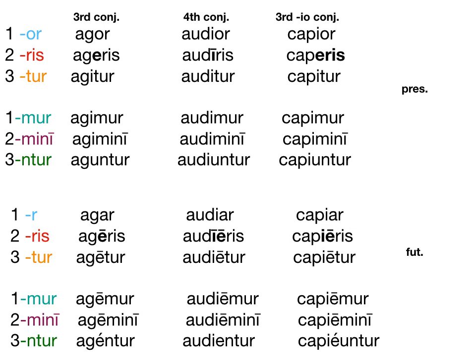But for regular third conjugation, it goes from ageris, you were acted or done. That's kind of a weird verb to make passive. Versus you will have been acted, or you will have been done. Agēris. Okay, so it's really just that macron that's making the difference. Agētur, audiētur, capiētur, and so on and so forth.